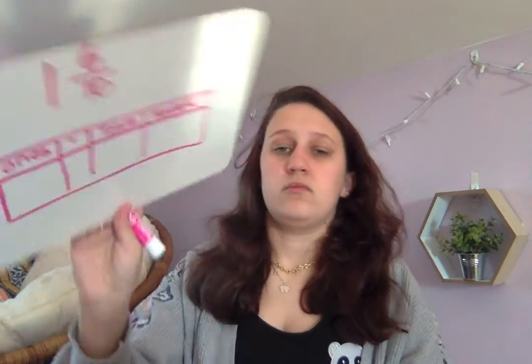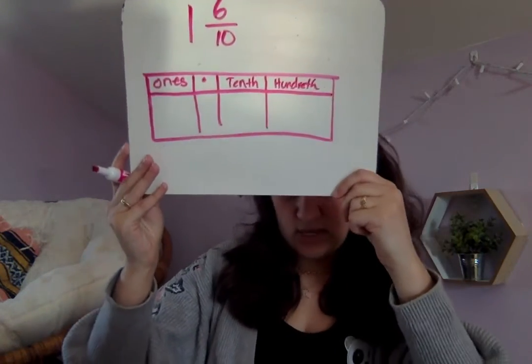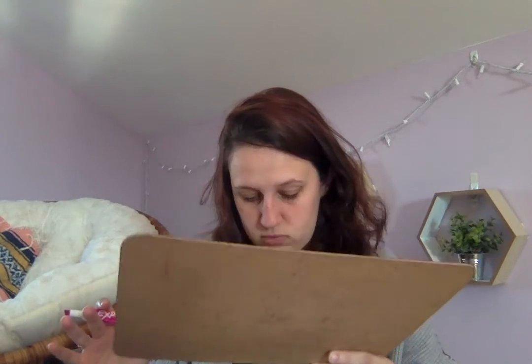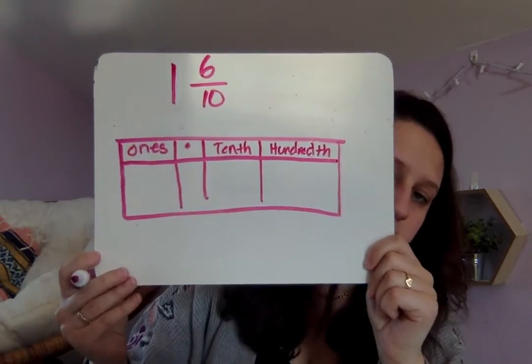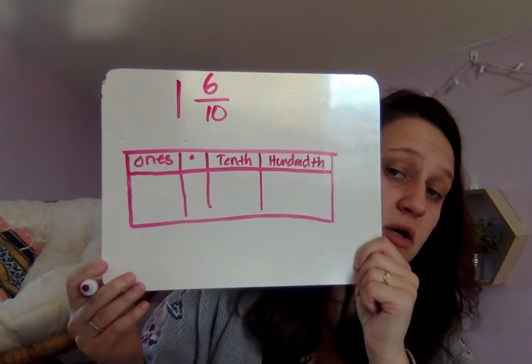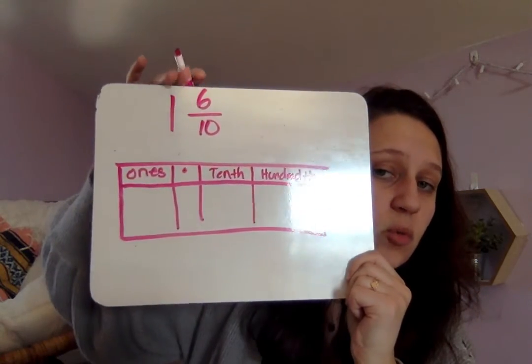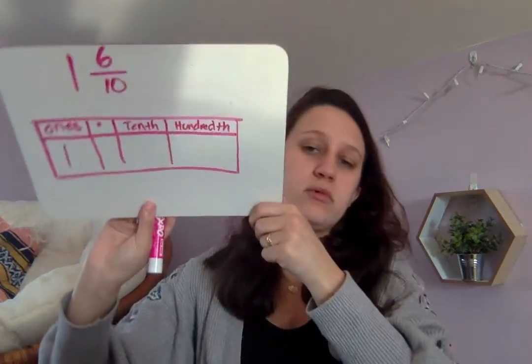This is decimal point. So here's what we have. Ones, tenths, hundredths. Whoops. Spelled it wrong. Missed the D. There we go. So, do we have any ones? Any whole ones? Yeah, we do. We have a 1 right there. So I'm going to put that there, right in the ones section.